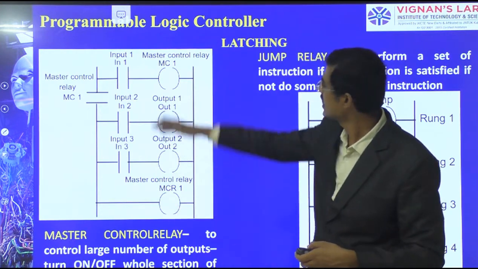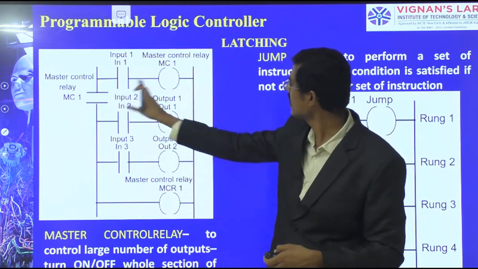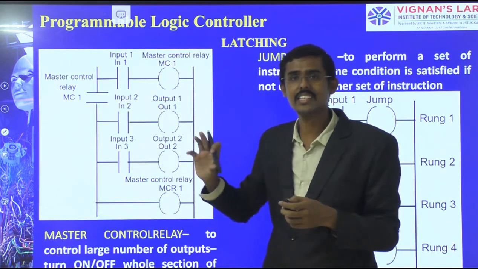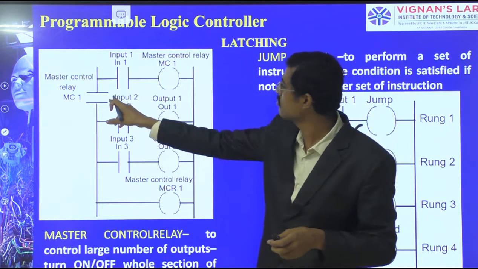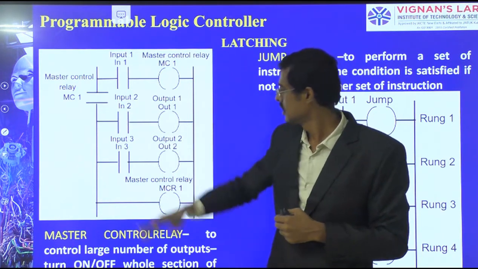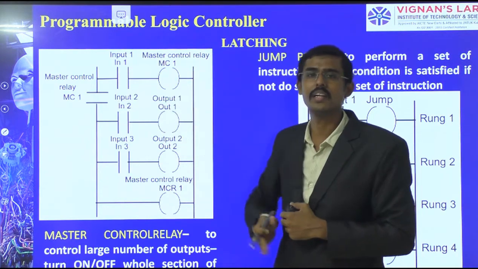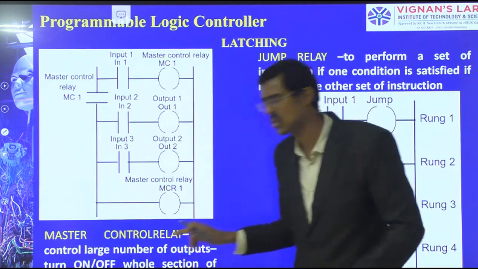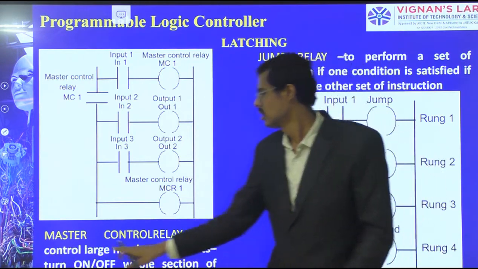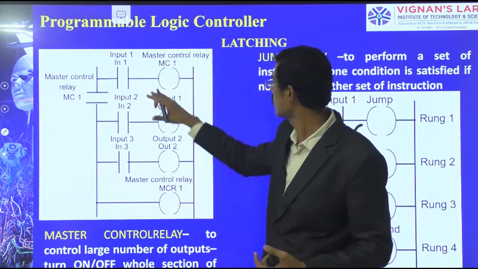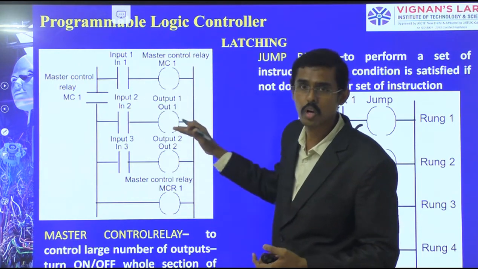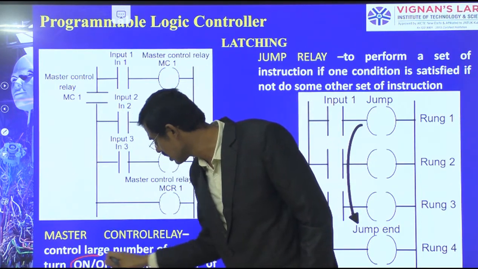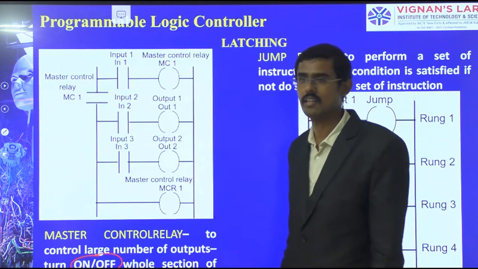disconnect this entire setup. I want to run one machine, and I am creating the connection of the main contact, which I am going to disconnect. When run 1 is completed, all the remaining runs should be terminated. I am naming this a master control, to control a large number of outputs, output 1, output 2, output 3, to turn on or off as a whole selection, as an all selection.